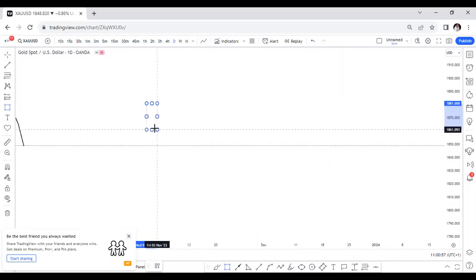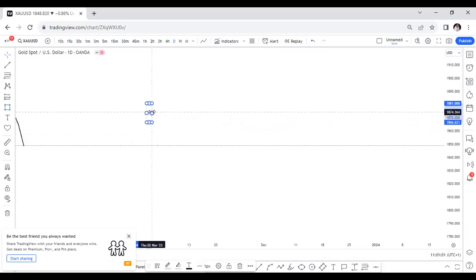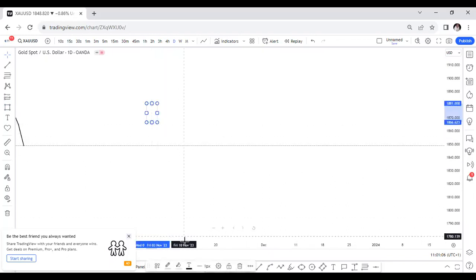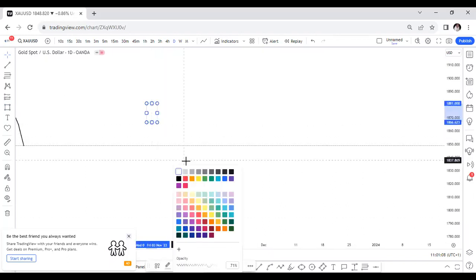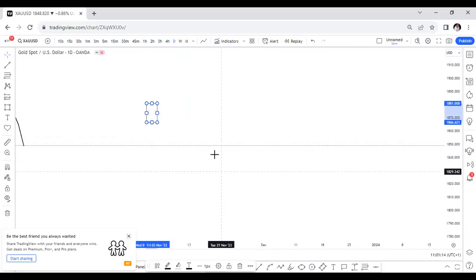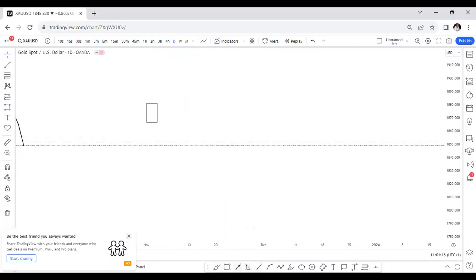If you have this as a bullish candlestick, for example, and you have the wick so long like that, probably you have another wick like this, the lower wick.